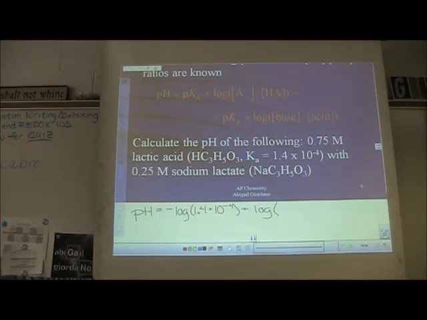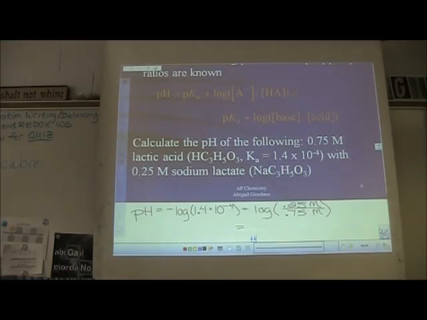What is its molarity? 0.25. Base over acid. What's the acid in the situation? Lactic acid. There's its molarity. Put this in your calculator and solve.